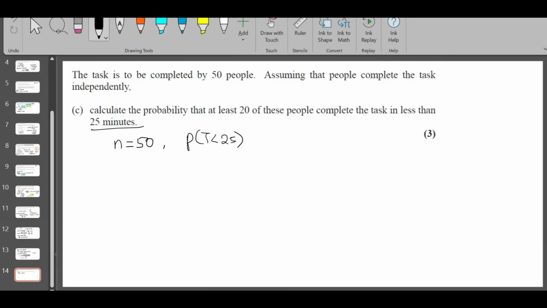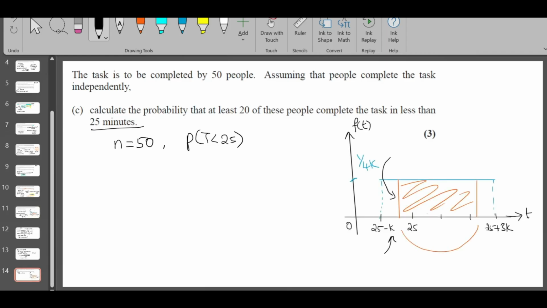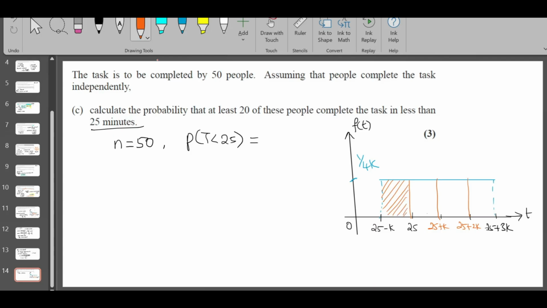So I'm going to put the graph here first. Okay, this is the graph actually, right? What would be P of T less than 25? Look at the graph. There are 4 equal portions, right? This is 25 plus k, 25 plus 2k, 25 plus 3k. So less than 25 is this area. If you want, you can just use the normal method.